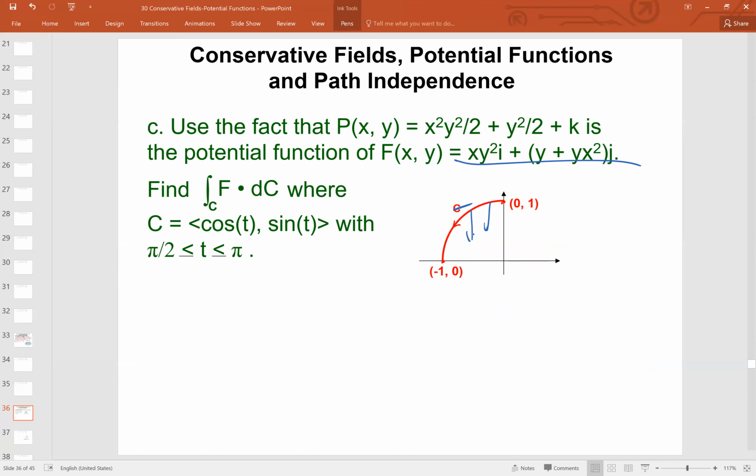It's acting on this curve, and we traverse from one point to another point, and the work is done. But by the fundamental theorem, because this is a conservative field F, I can plug these end points into the P and subtract the result.